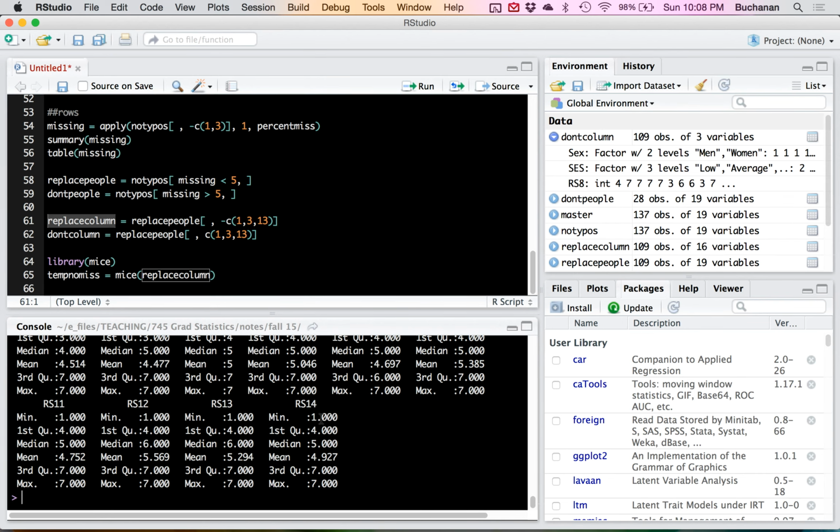Now, mice will not run if you do not have missing data, because it has nothing to impute. And it just kind of goes, I don't know what you want me to do, because I want to impute some missing numbers, and there aren't any, so I'm going to go back to taking a nap. Right? So if you don't have any missing data, by the time that you exclude everyone, basically, you could skip this step. Okay?